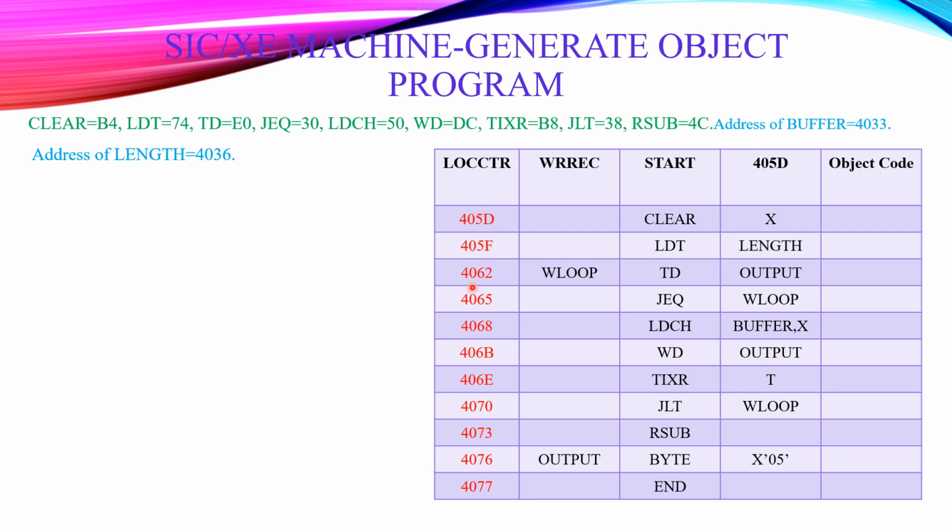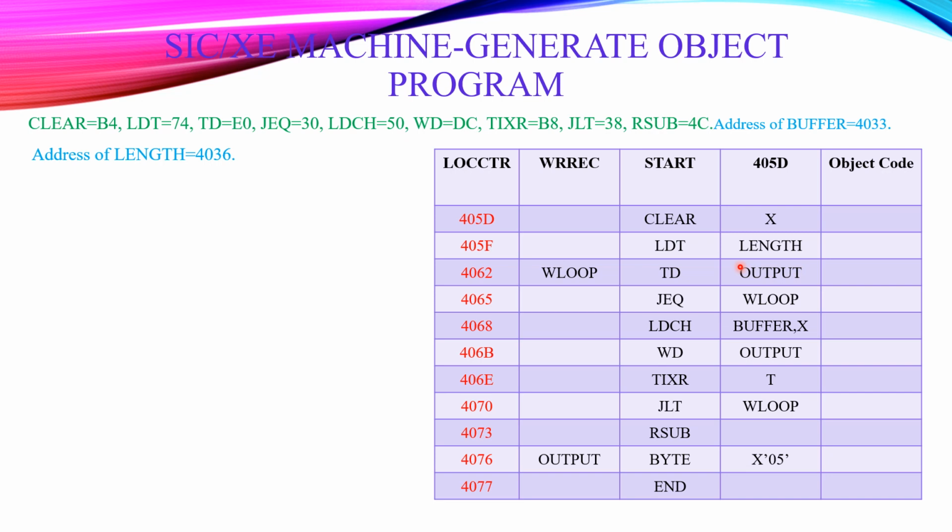For calculating the location counter, we need to use the hexadecimal conversion in a scientific calculator, in base mode, converting to hexadecimal. So 405D plus 2 bytes gives 405F.